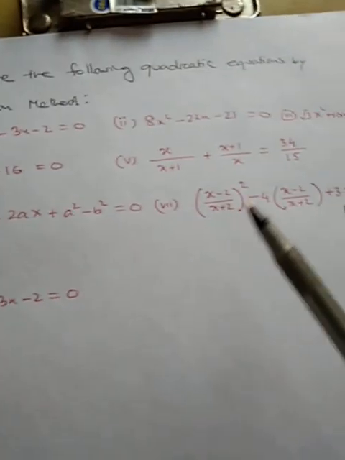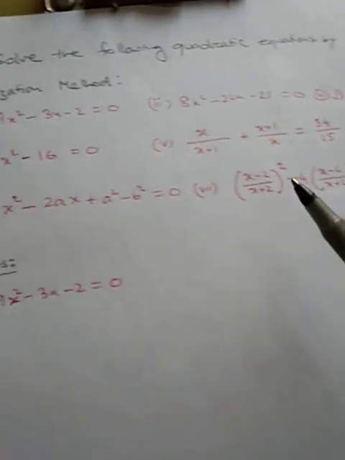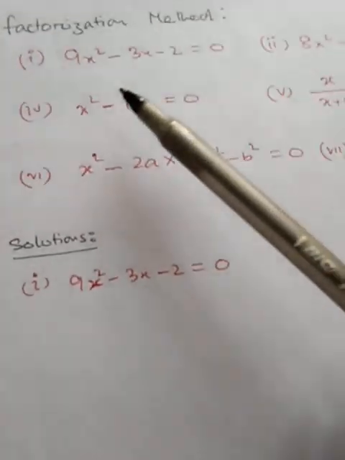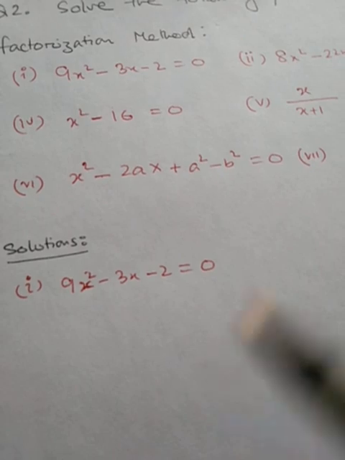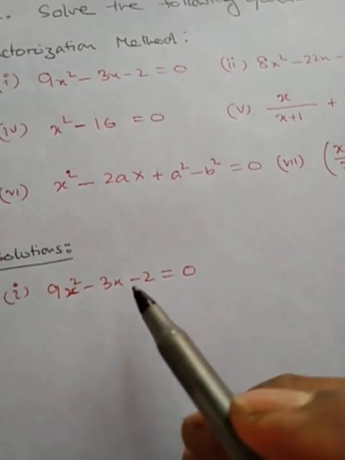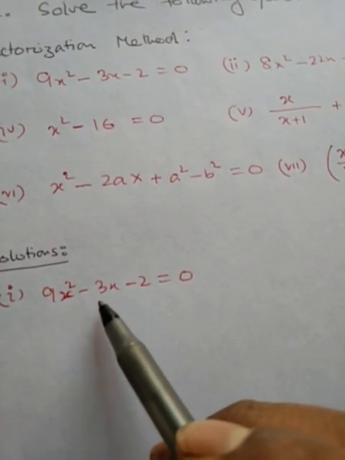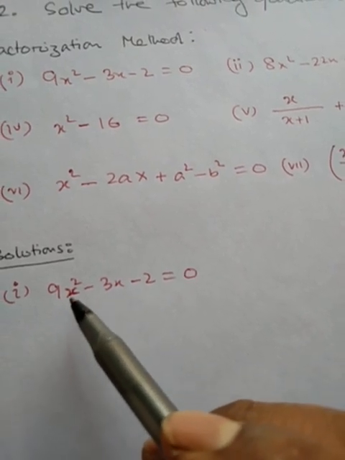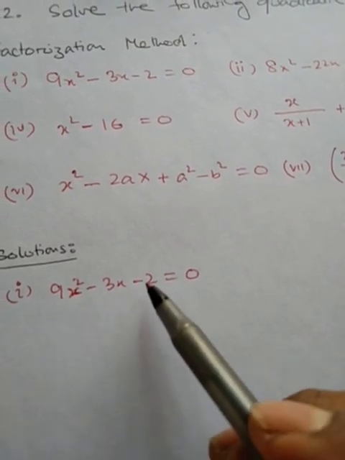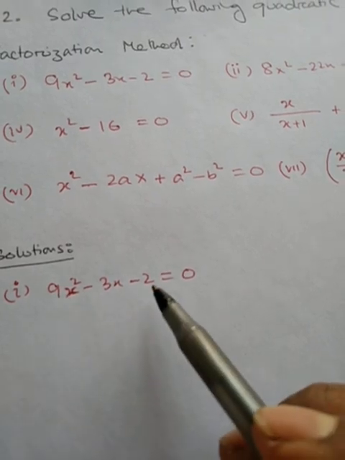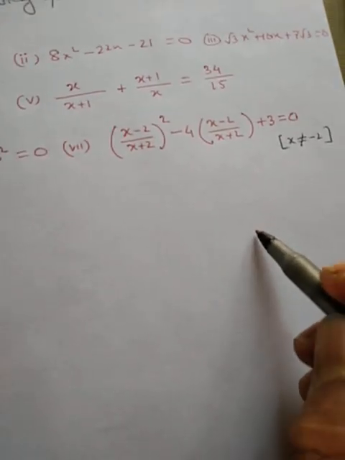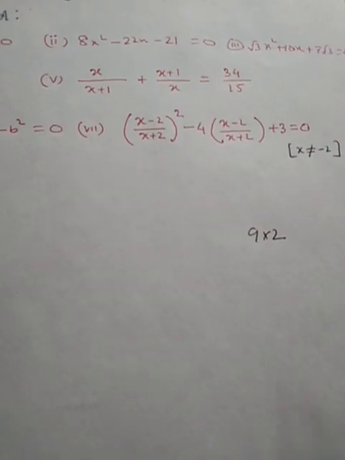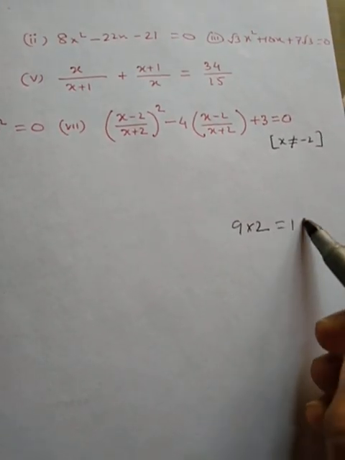These are some examples we have taken, different types of examples. So see the first one, 9x square minus 3x minus 2 equal to 0. To factorize the middle term, we have to multiply the coefficient of x square and the constant term. So 9 times 2 is 18.